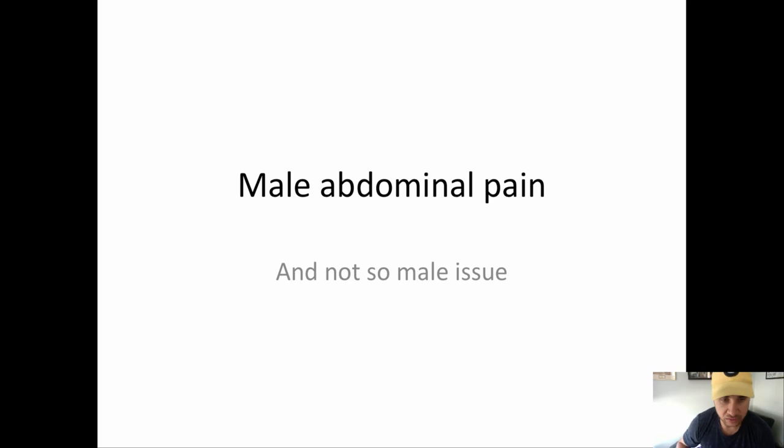So let's start. As you see, it's male abdominal pain. There are just going to be a few that are specific. For those that followed the series, when I did the female one, it was separated into gynecological issues, so everything that has a reproductive part or pregnancy, and actually three parts.